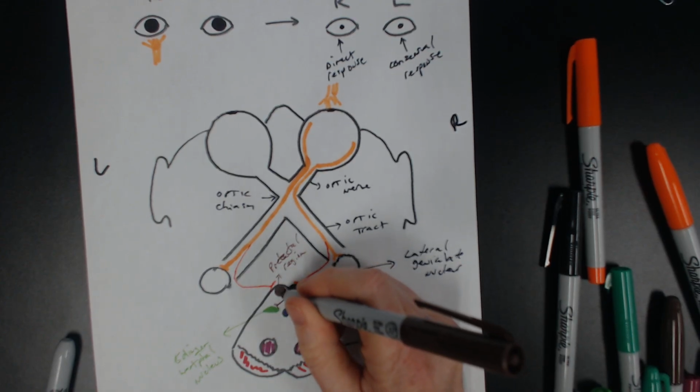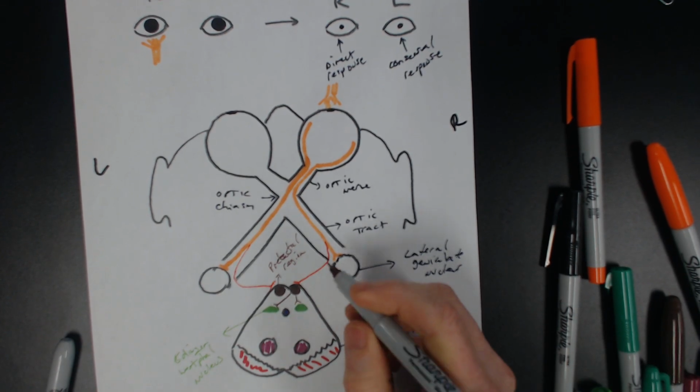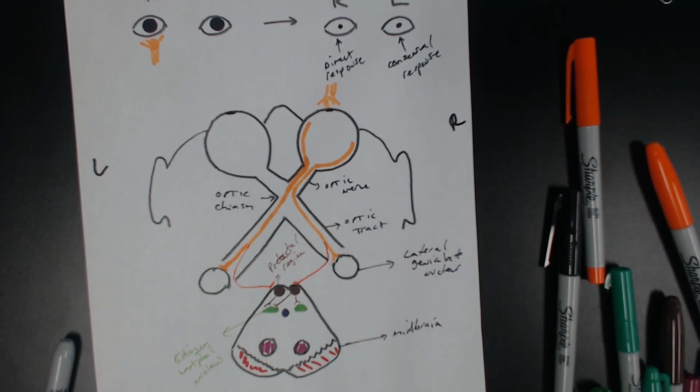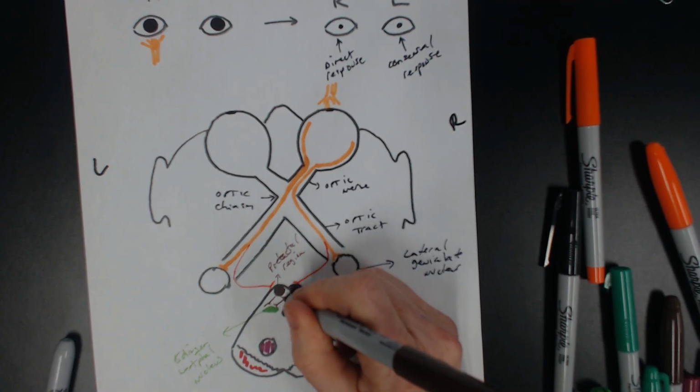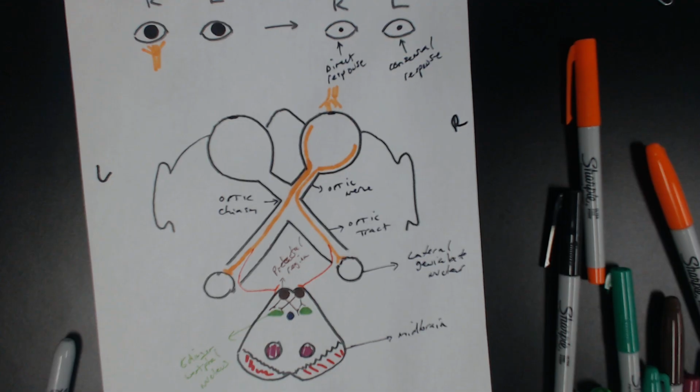And the axons from the left pretectal region synapse with the ipsilateral Edinger-Westphal nucleus and the contralateral Edinger-Westphal nucleus.